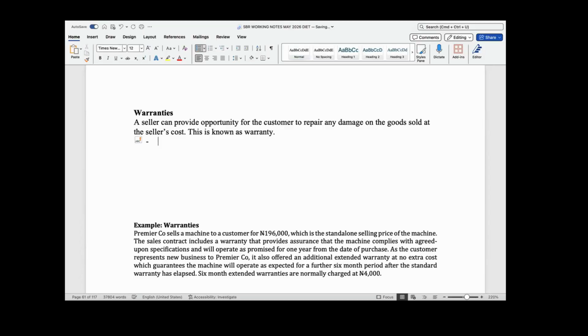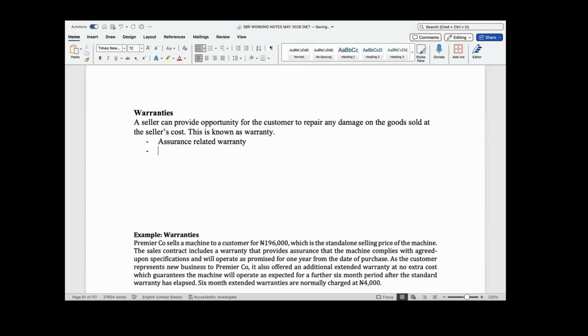Now, we have assurance related warranty or service related warranty. The assurance related warranty is also called standard warranty.